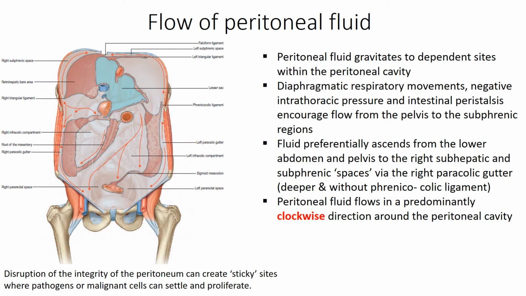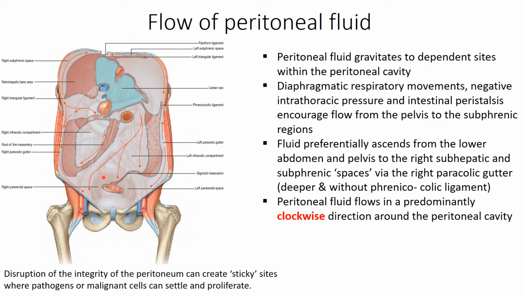Now about the flow and the absorption of this peritoneal fluid. The peritoneal fluid, being a fluid, gravitates to the dependent site, like this lower abdominopelvic portion in case of erect posture, or this hepatorenal pouch of Morrison, or the right subhepatic space in case of the supine position.